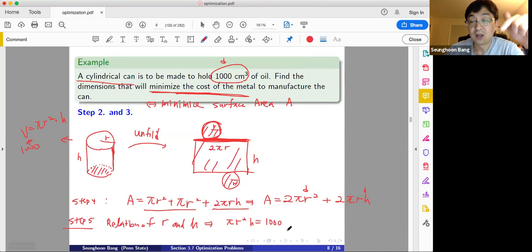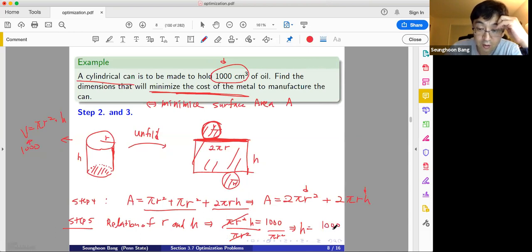Next, I'm going to solve this equation for h, which is better. If you solve this equation for r, it is a square root, which is not good. So I can use a simpler way. Just divide by pi r square. Pi r square is crossed out. H is 1,000 over pi r square.